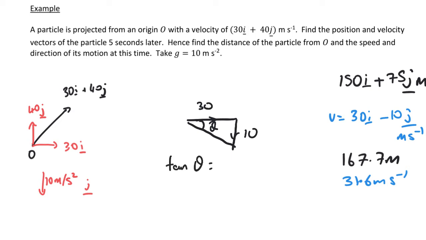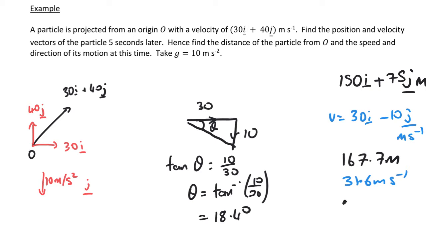So tan theta is opposite over adjacent, so that's 10 over 30. So theta then is tan to the minus 1 of 10 over 30, which is 18.4 degrees. So the particle is travelling at 31.6 meters per second, 18.4 degrees below the horizontal.